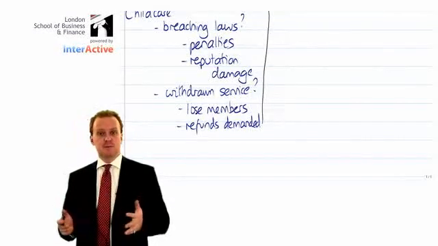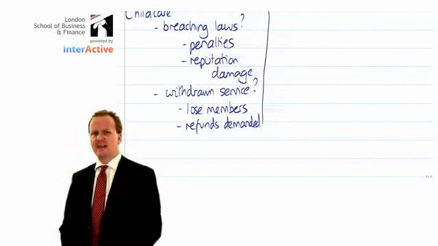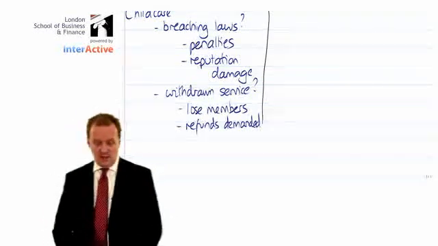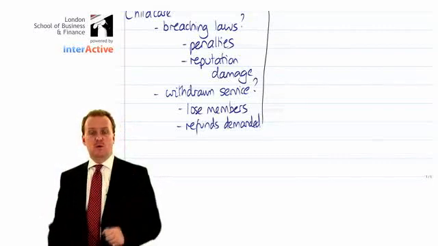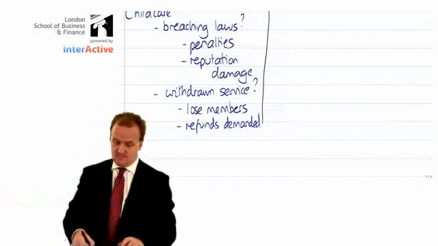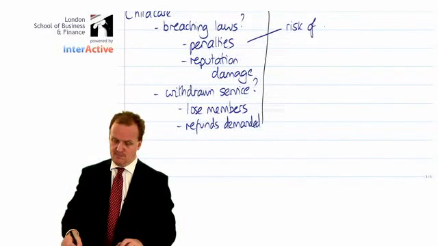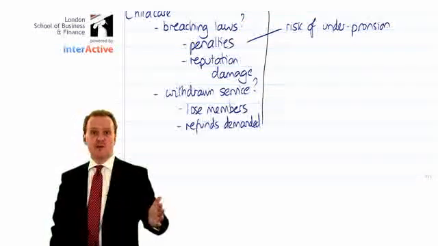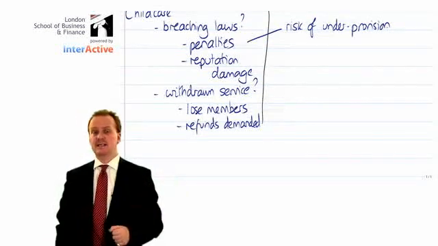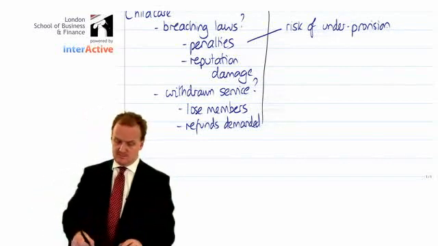So some fairly clear problems for the company if they do this, but what about the financial statement issues? Why might the accounts be wrong? Well, if they have been breaching laws and penalties are about to be imposed, those should be provided for, so there's a risk of under-provision. If a lot of their members rely on this service, and if reputation damage is great, I suppose it could even lead to going concern problems.